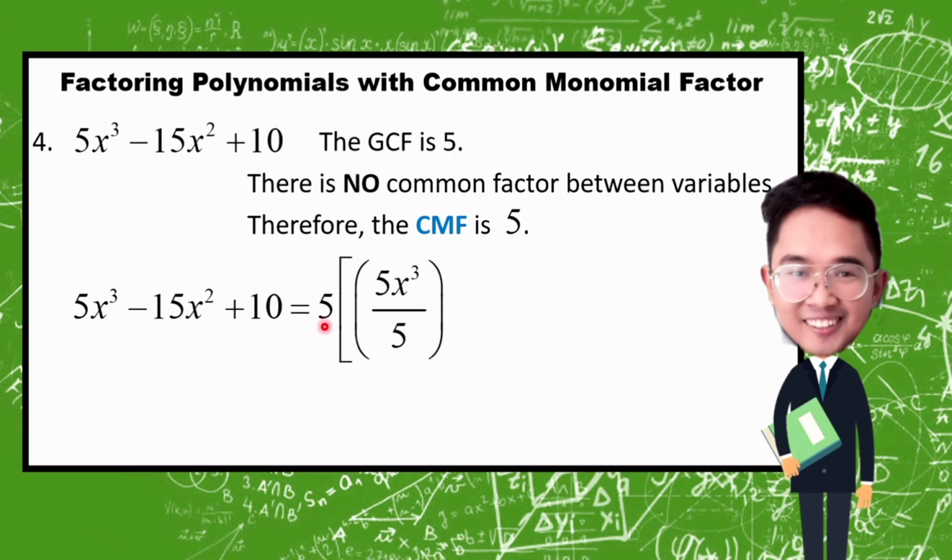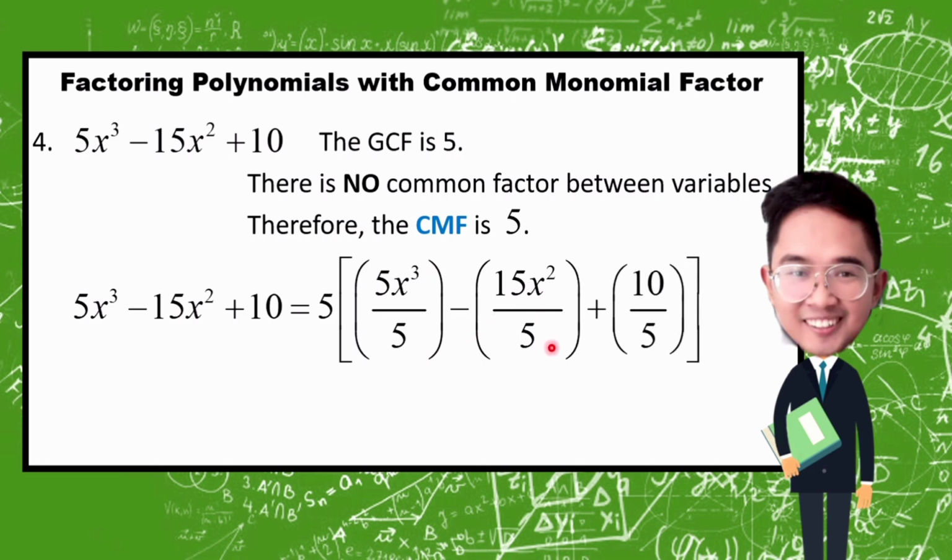So we have here 5x cubed over 5 minus 15x squared over 5 plus 10 over 5. Bring down the common monomial factor. 5x cubed divided by 5, we need to cancel 5 because that is already equivalent to 1. And we have here x cubed minus 15x squared divided by 5.